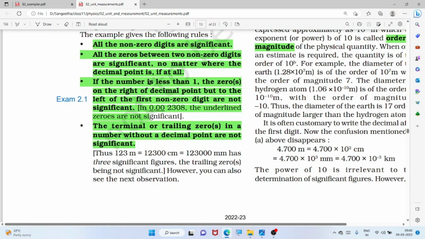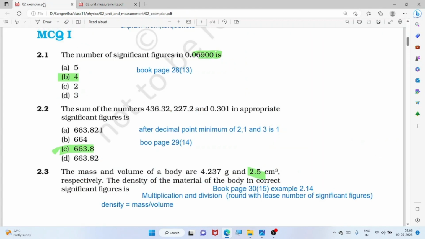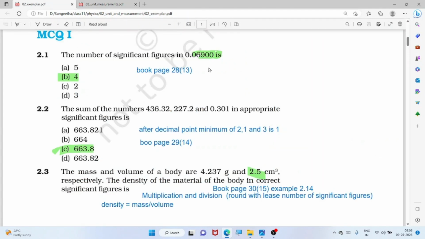If the number is less than 1, the zeros on the right side of the decimal point, you can go through it. This is the rule, the significant figure rules. Based on that rule, the number of significant figures here is 4.